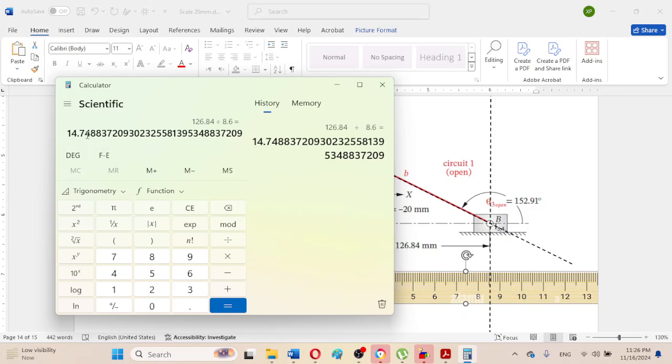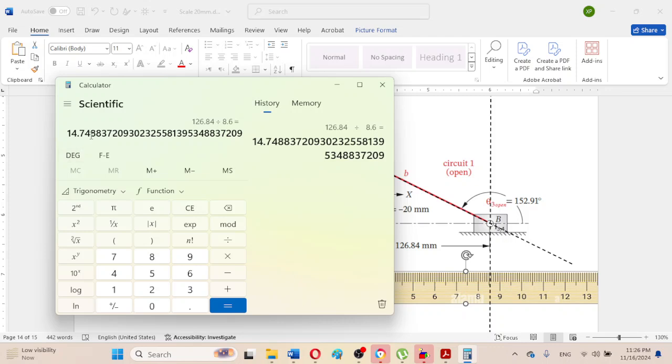So just for the graphical purpose I can approximate it to one decimal, for example 14.7 millimeter.